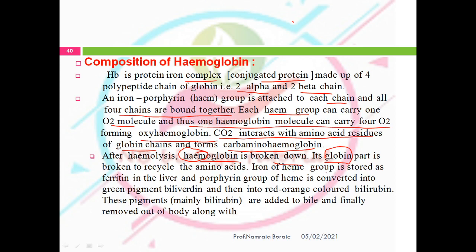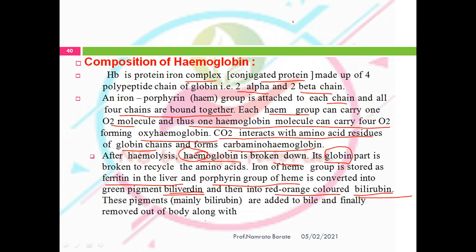The iron of the heme group is stored as ferritin in the liver, and the porphyrin group of the heme is converted into the green pigment biliverdin, and the red-orange pigment bilirubin. These pigments are mainly added to the bile, and finally removed out of the body.